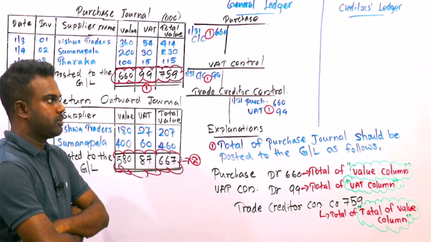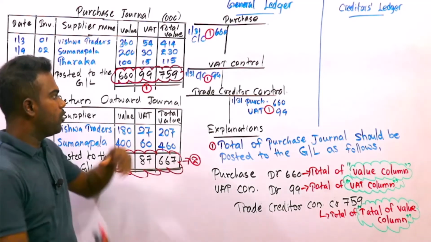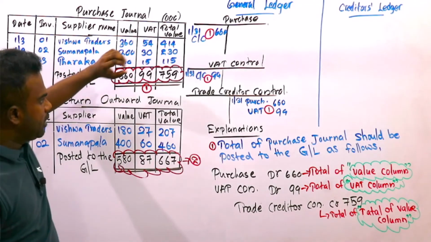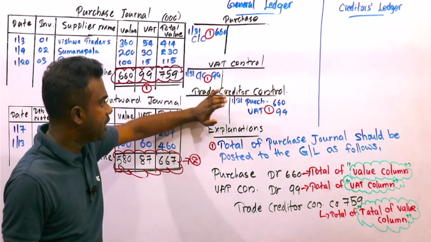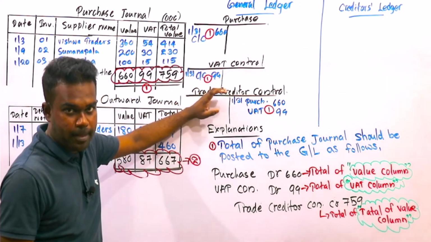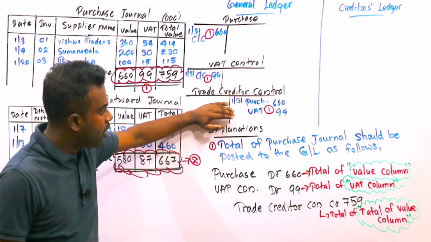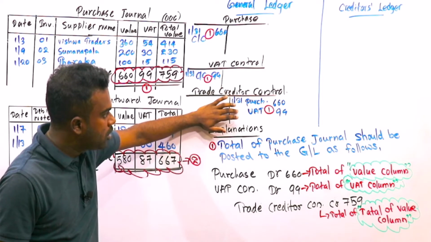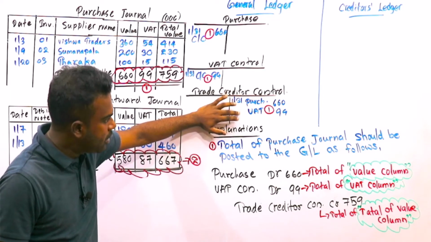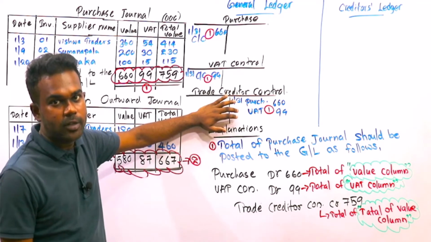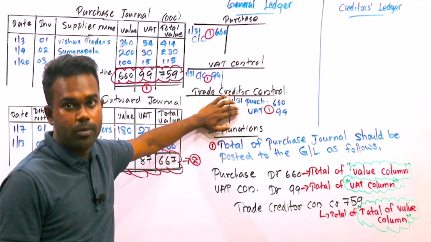Right. Now look here, the totals we posted to the general ledger according to double entry theory, right? Look at what happened to the creditor control account. Credited, no, VAT also. The VAT and purchase amounts we have credited to the creditor control account.